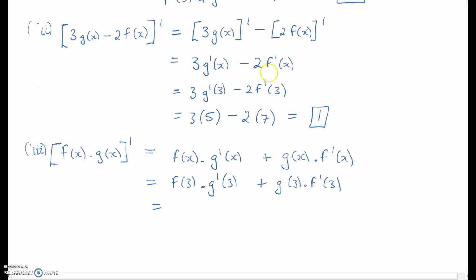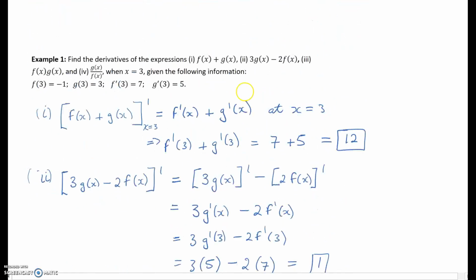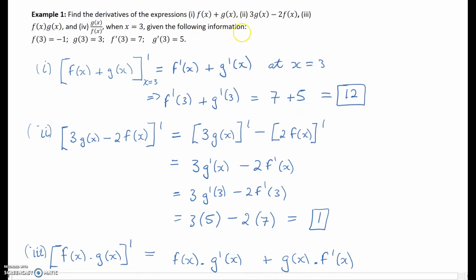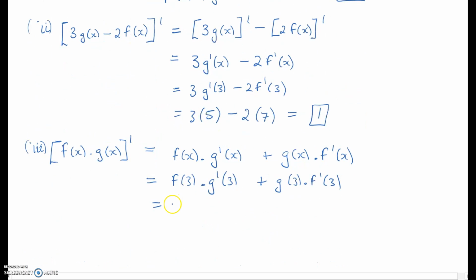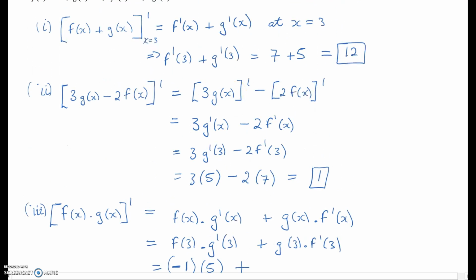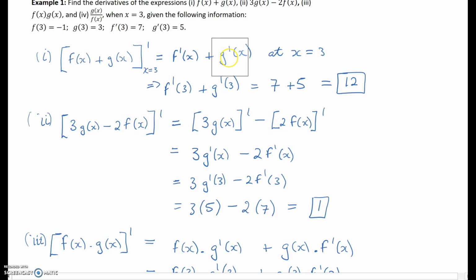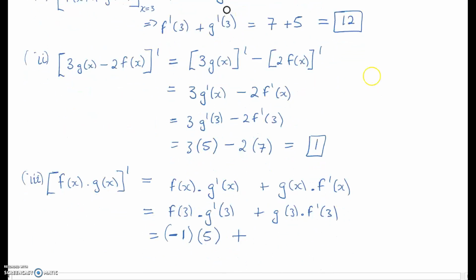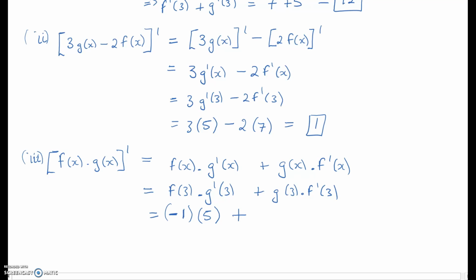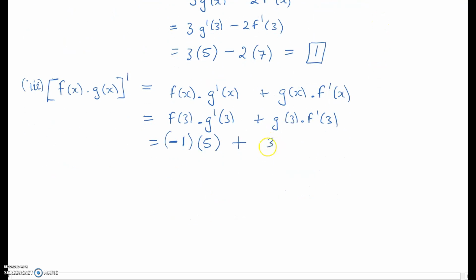Okay, so let's scroll back up here, and f of 3 was negative 1. G prime of 3 was 5, plus g of 3 is 3, and f prime of 3 was 7.